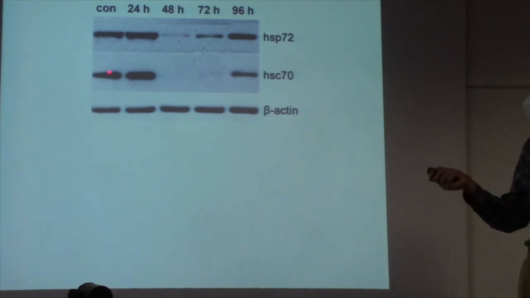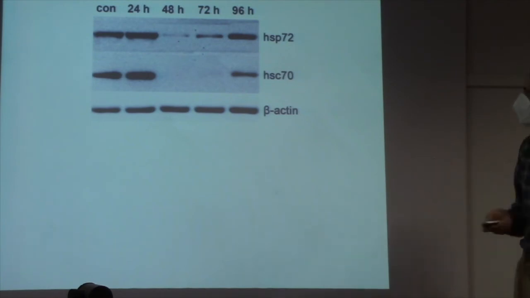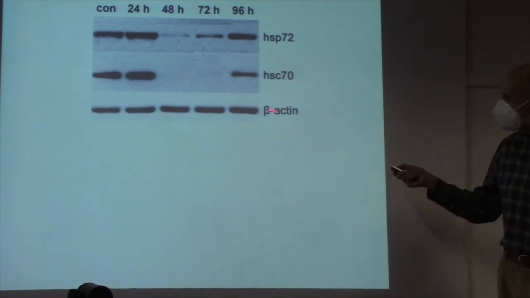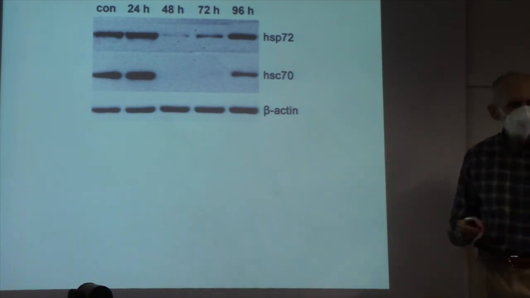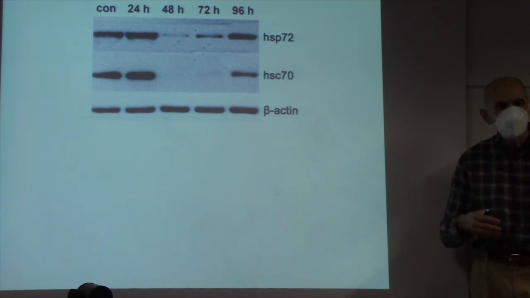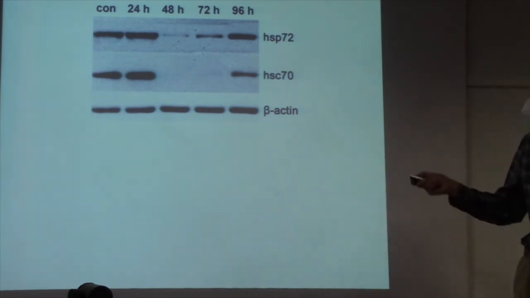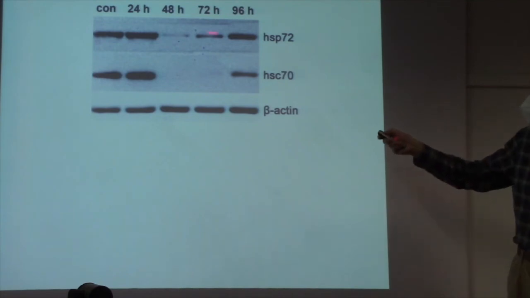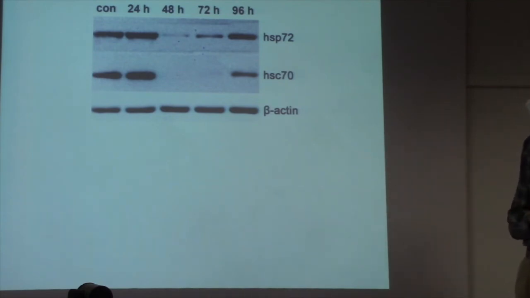So we are staining the gels for two proteins, HSP72 and HSC70, and this is a technical further detection of actin, which serves to normalize the bands, the lanes. We won't go into this. Let's just compare these bands.